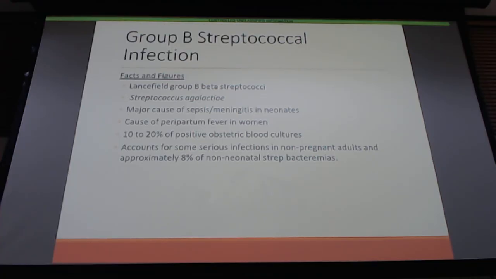If you have group B strep as a pregnant person, you will be a group B strep person forever. So whenever you go to deliver, they will hang a bag of meds for you at a minimum of 4 hours prior to delivery. Okay, it also accounts for some serious infections in non-pregnant adults.